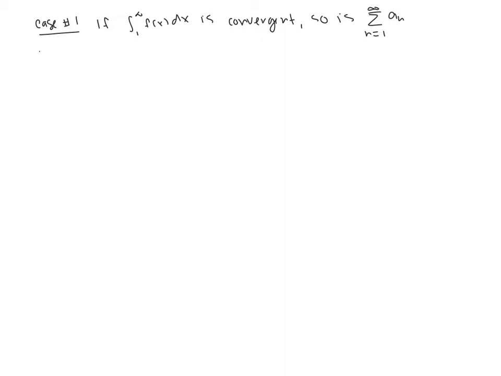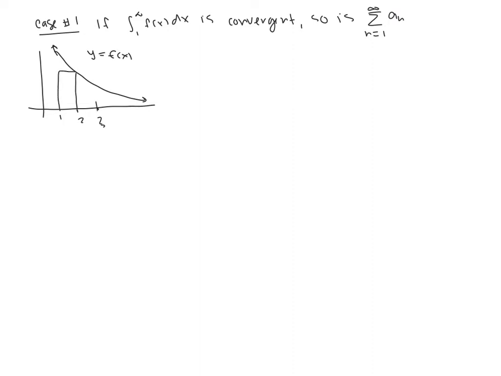Okay, so the picture is pretty much the same thing that we had for the whole 1 over x squared example. You have some positive decreasing continuous function, y equals f of x. Here's 1, 2, 3. Okay, so once again we construct boxes.